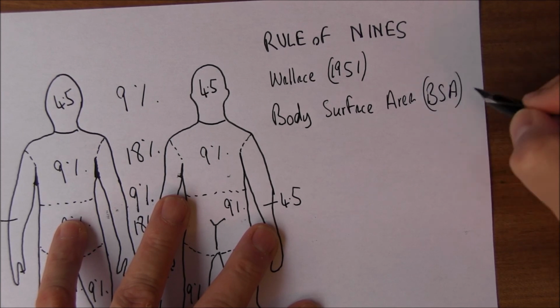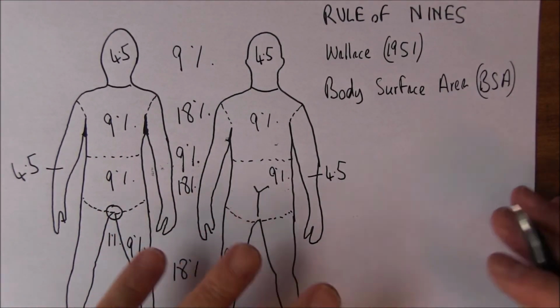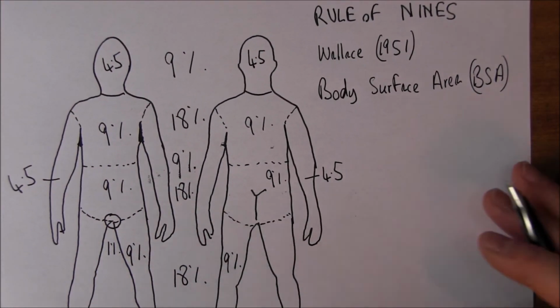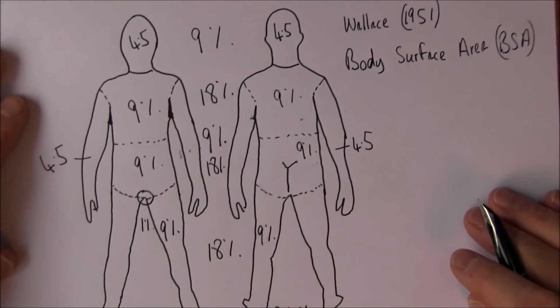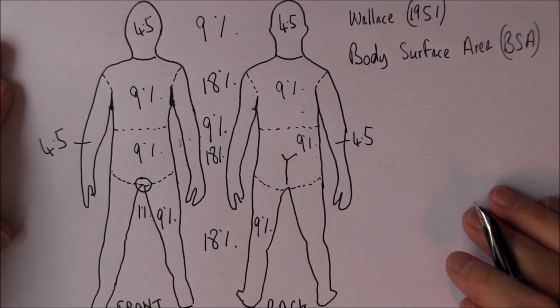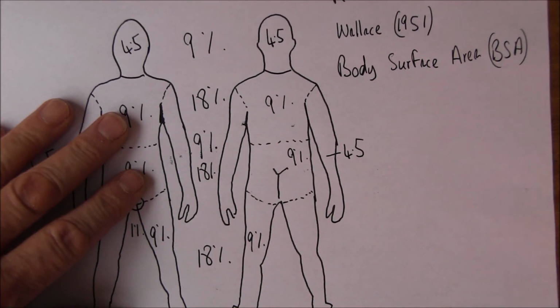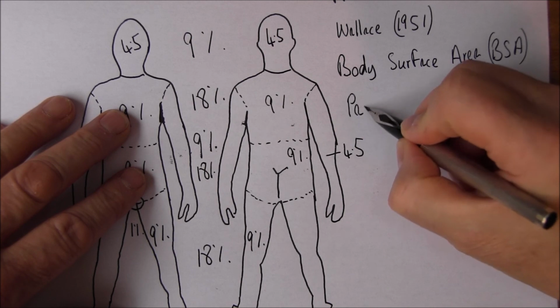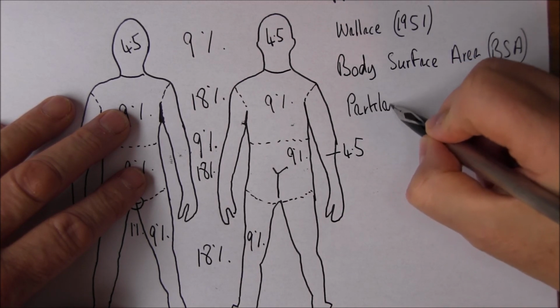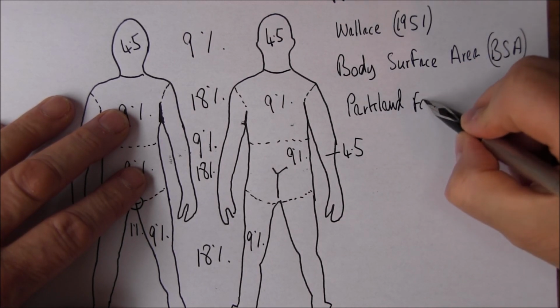Now it's good for our overall understanding of the body, the proportions of it. But it's also important because if someone's got significant burns, maybe 20% or more, they're going to need intravenous fluid replacement. And it's important to know the body surface area of burn which is involved. And you're probably going to work out the volumes involved using the Parkland formula.